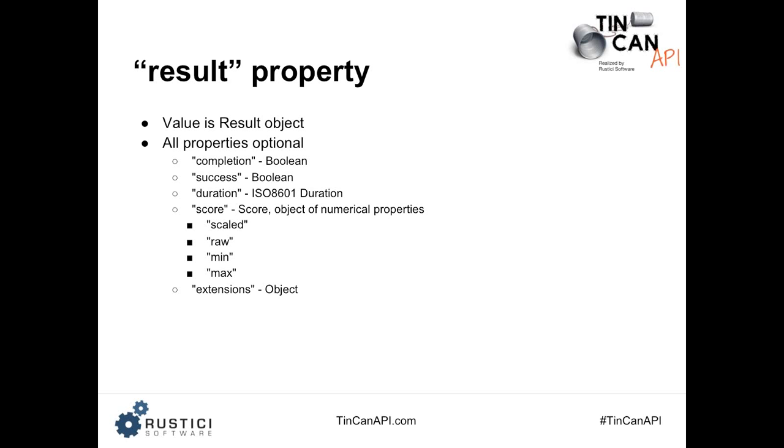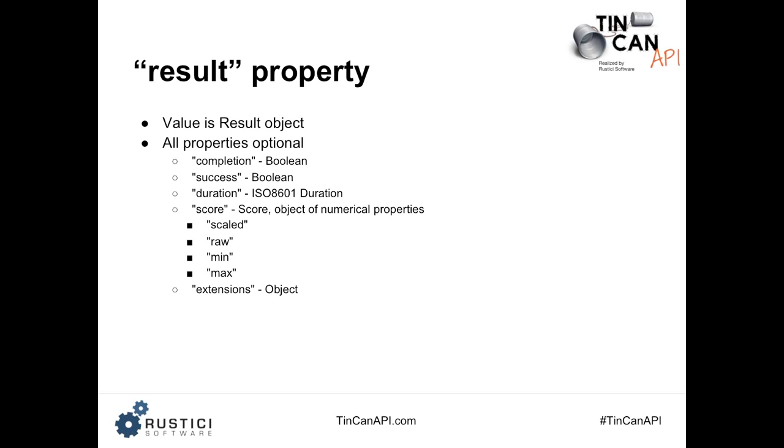The score property of the result object takes an object itself, so another nested object. Within it, we have a number of numerical properties. We have a scaled property, which indicates a result, a score. So this is something that is particularly measurable. The scaled property itself takes a value between -1 and 1. So this is essentially a way to capture a percentage.